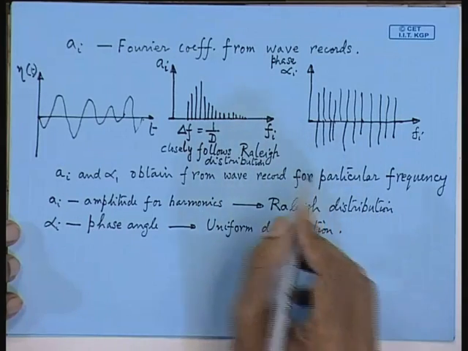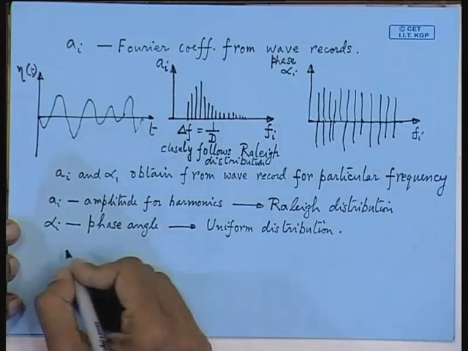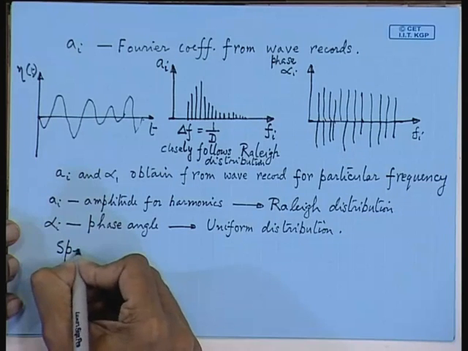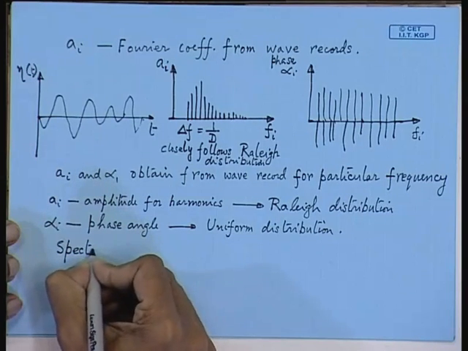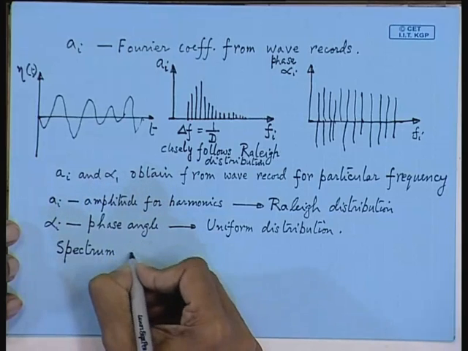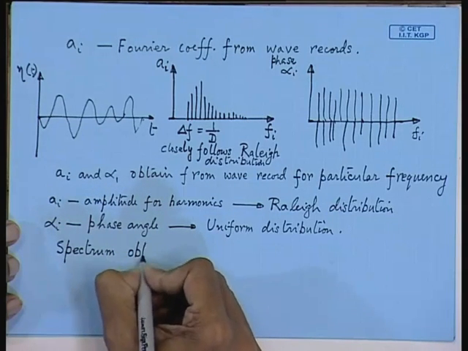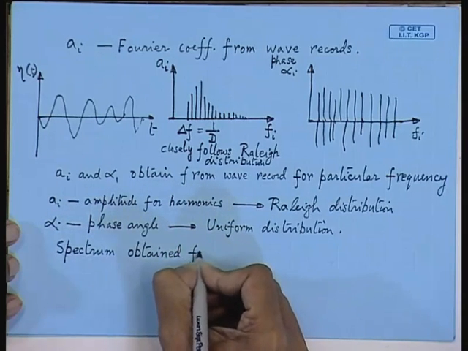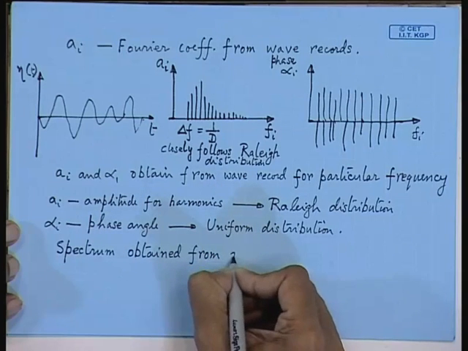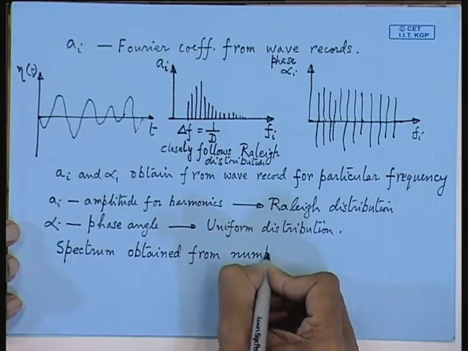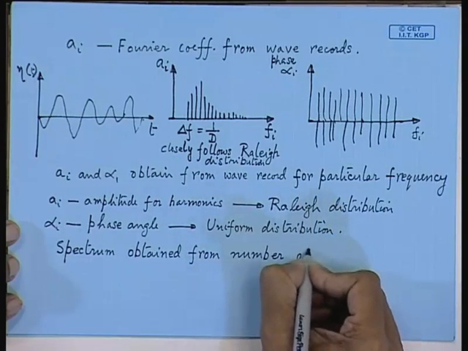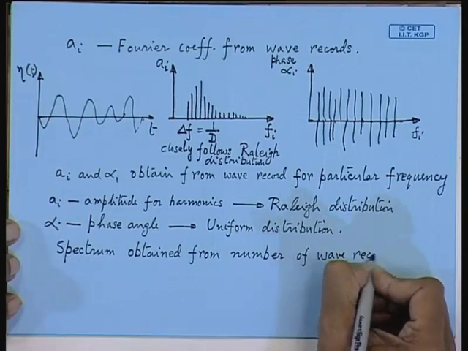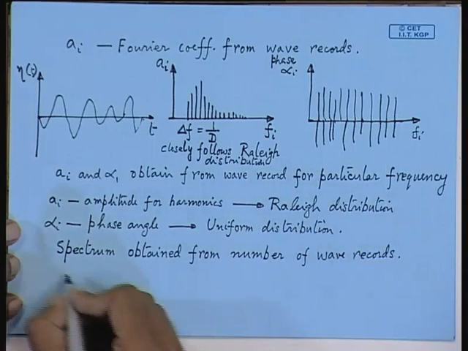Now, actually, if you want to have the spectrum you have to get it for a number of wave records. The reason is that your wave elevations are random.